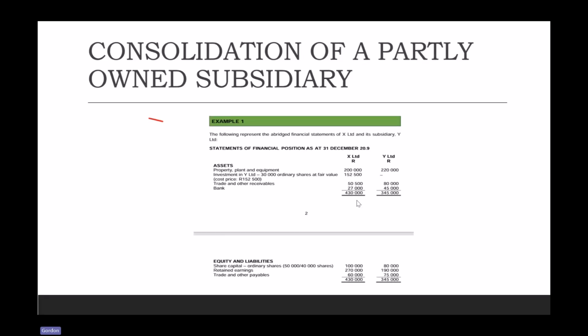Eliminate it. Reverse it. So if, for example, there was a sale transaction between a parent and a subsidiary, what journal entry would the parent pass if the parent has sold stock to the subsidiary? Remember, before we prepare the consolidated financial statement, the parent and the subsidiary are business as usual. They are passing journal entries as if they are just having a transaction with an outside entity.